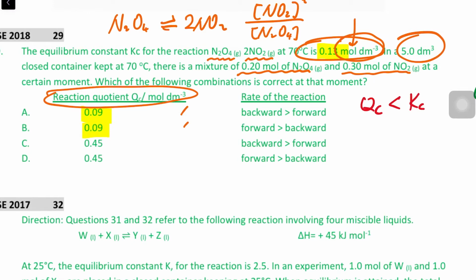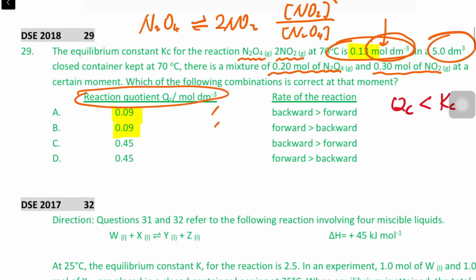That means we want more product. Okay, we want more product. So as a result, the forward reaction should have a higher reaction rate than the backward reaction. Okay, here. So the answer is B.